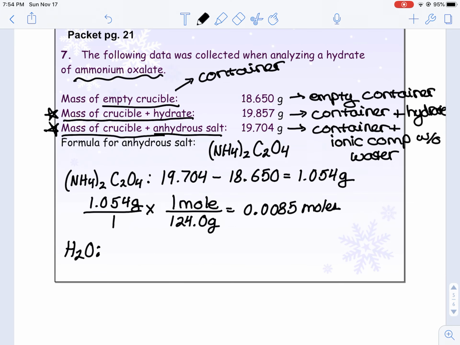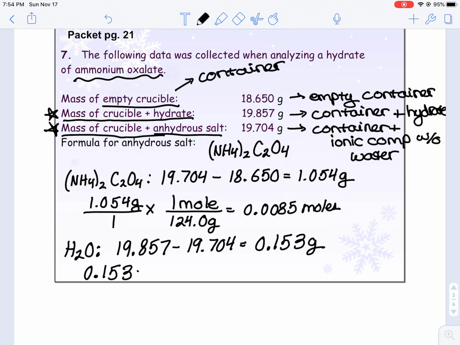So if I take the mass of the crucible plus the hydrate and subtract from it the mass of the crucible and the anhydrous salt, then that will give you the mass of just the water by itself. Okay. So then you're going to take that mass of water and determine the moles.